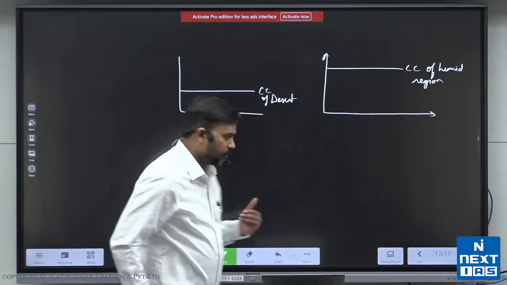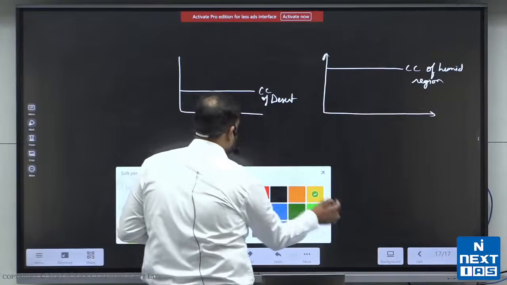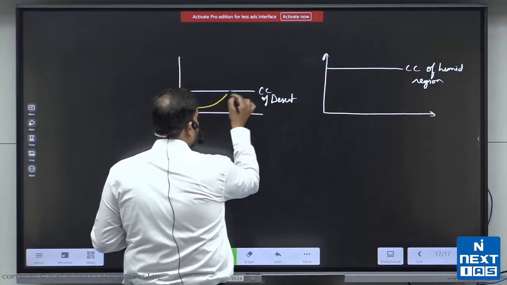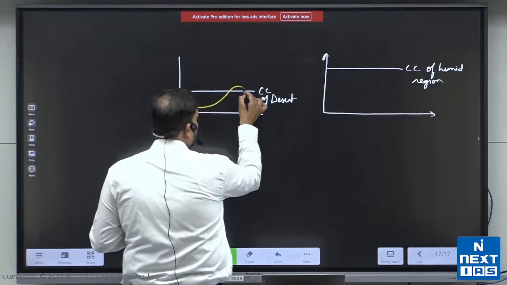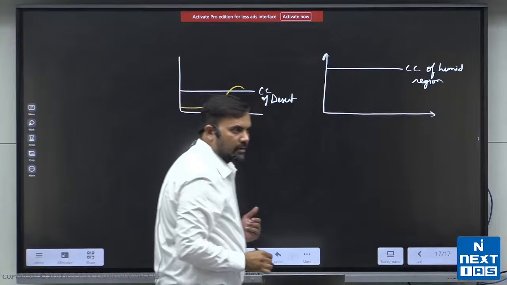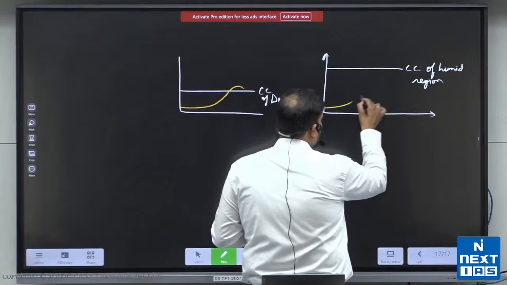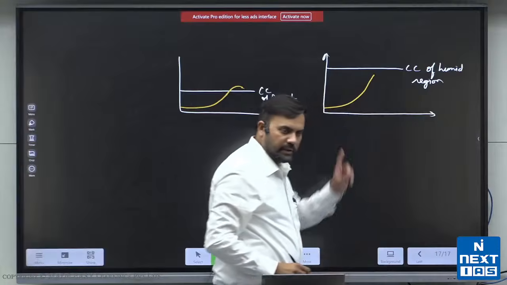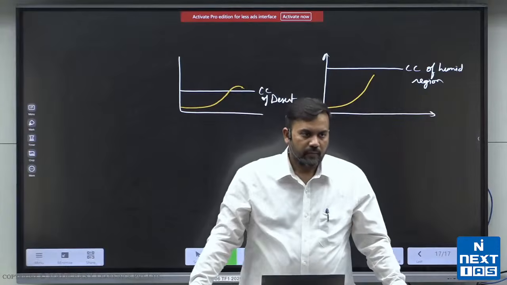Can you understand this point? That in the case of Malthus, the limits here will be reached faster, and here can we say it will take time to reach those limits?